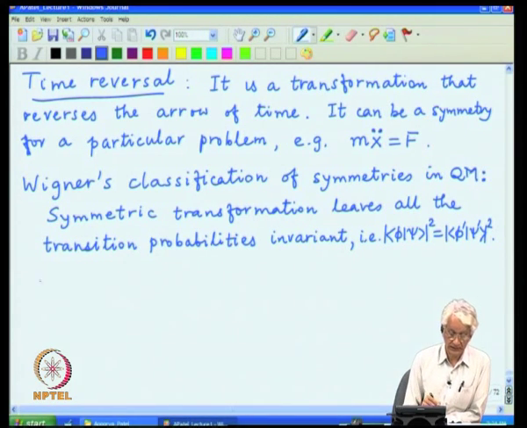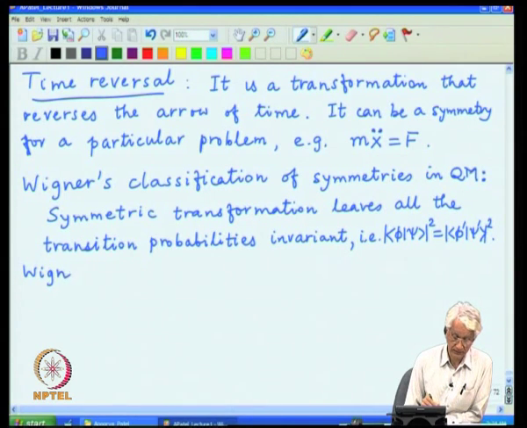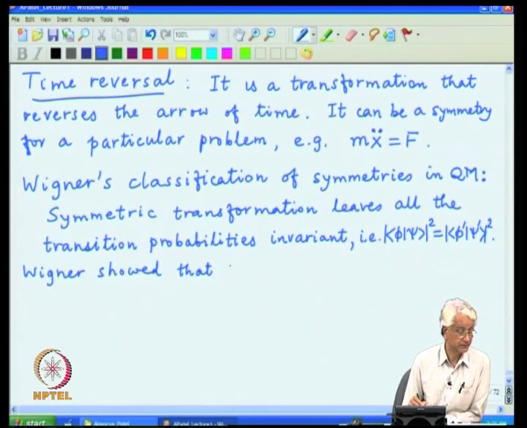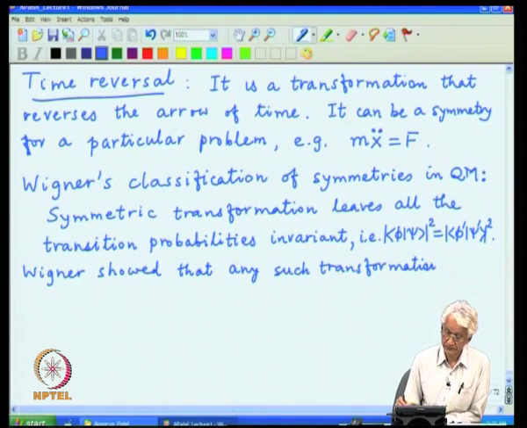So, in general Wigner showed that any such transformation falls into two distinct possibilities.